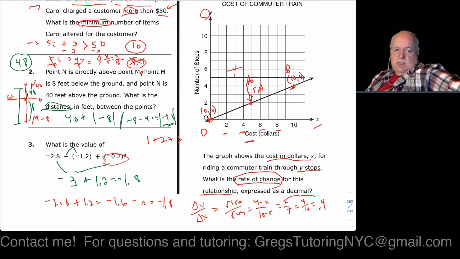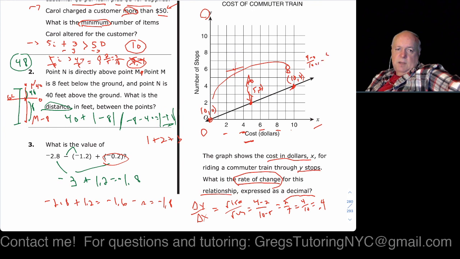And just to continue on, I could have also picked between B and O. So B and O would have been 4 minus 0 over 10 minus 0, and that would have given us the 4/10 straight up.